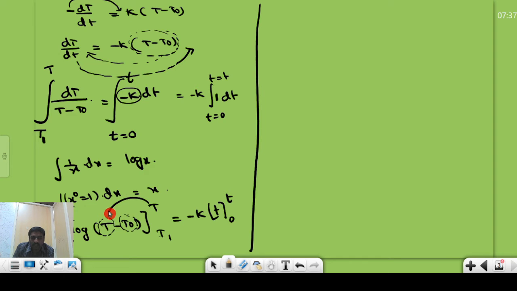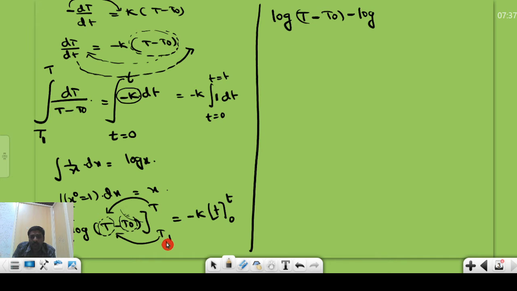First of all I am applying the upper limit: log of T minus T naught, minus the lower limit value.